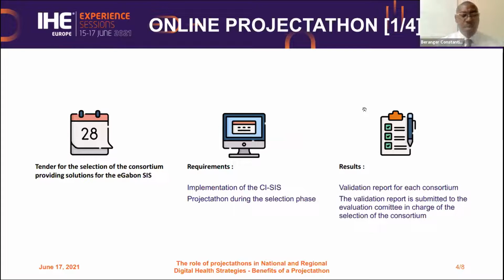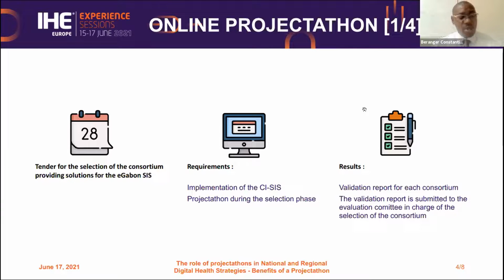So in September 2020, the eGabon CIS project launched a call for tenders for the acquisition of a turnkey hospital information and decision support system on behalf of the Ministry of Health and Military Hospitals.